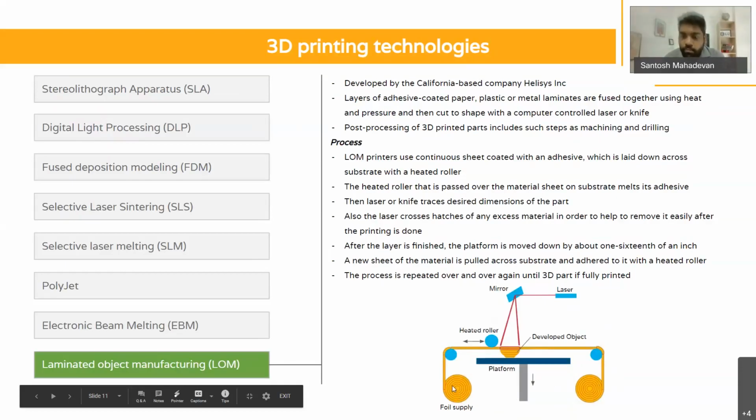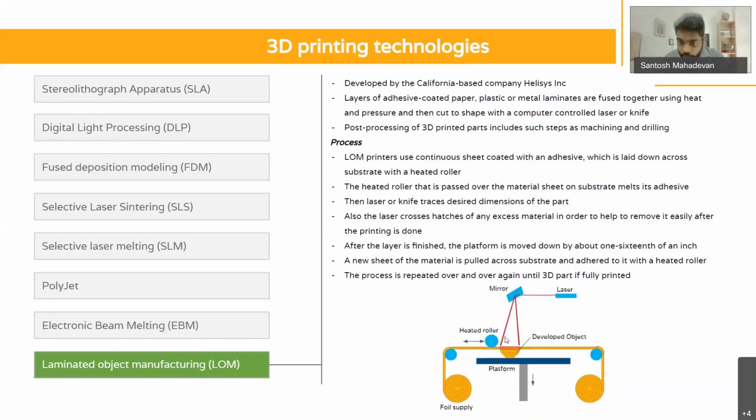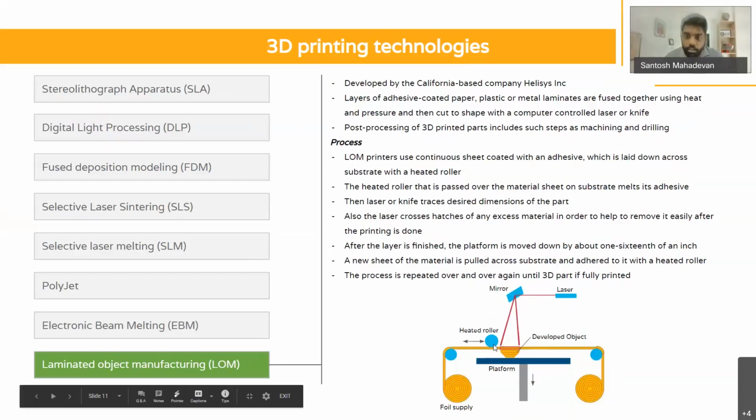All right. So even in this case, you are going to use a mirror and you are going to use a roller. Okay. Now, to start off with this process, I'm going to tell you that this foil consists of a laminate. All right. And this laminate sheet has a thin layer of adhesive on top of it. And this adhesive could be either on top or it could be at the bottom.